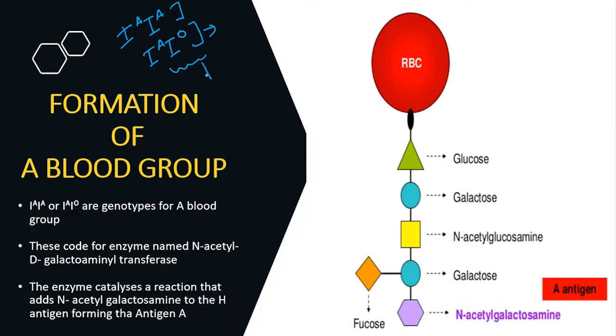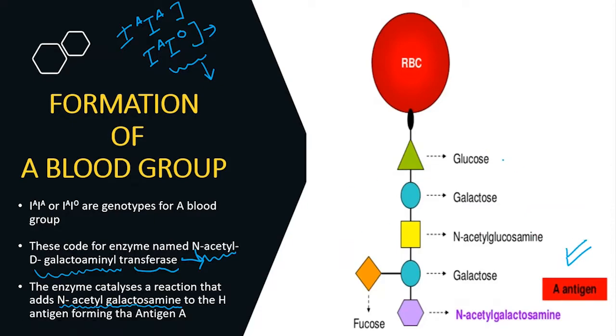These genes code for an enzyme N-acetyl D-galactosaminyl transferase. This enzyme catalyzes a reaction which causes the addition of a substance called N-acetyl galactosamine to the H antigen, resulting in the formation of A antigen.